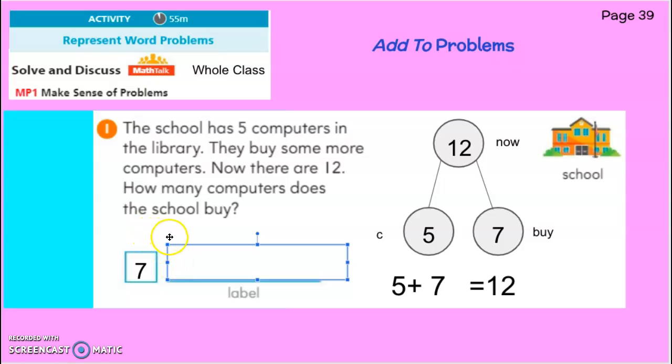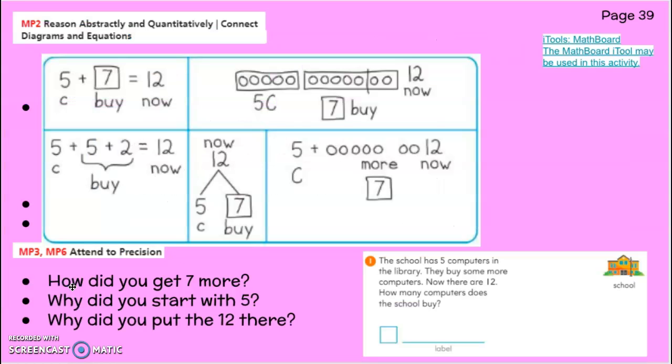So it should say something like, the school bought 7 computers, okay? But today you can just use a short answer on this label section: 7 computers bought. Okay, I think the school bought 7 computers sounds better, but we're just learning this process, so let's go from there.